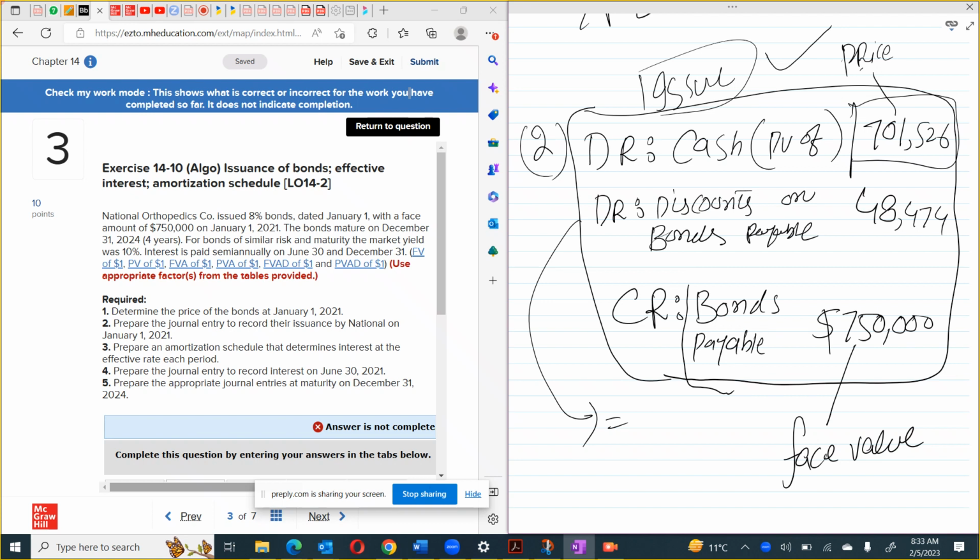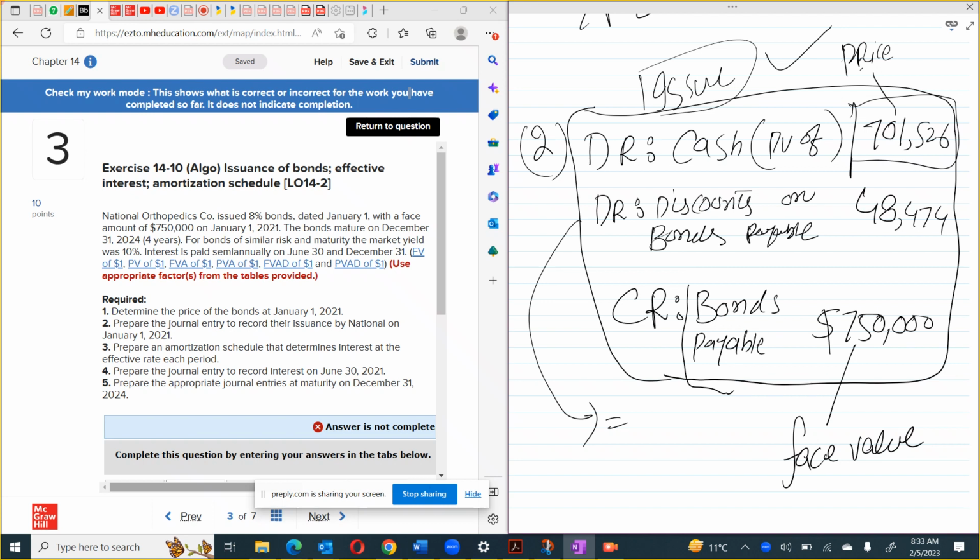Sorry, 30,000. And I will do this as well: bonds payable debit, 750,000, and I will credit cash, 750,000. Let's see what happens. Oh, all correct.